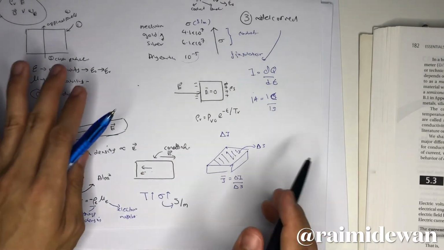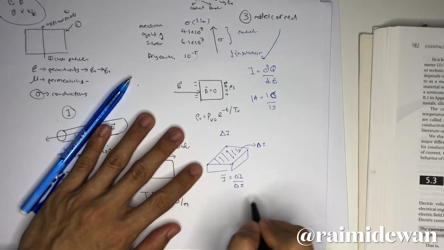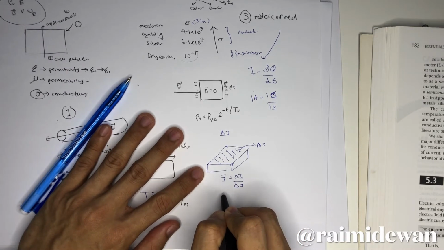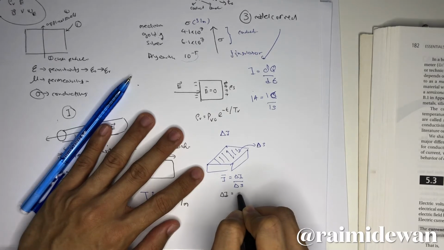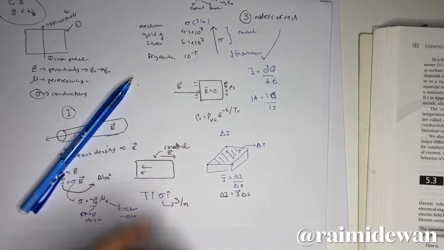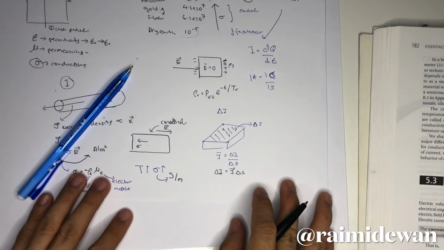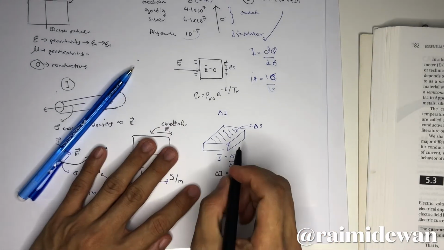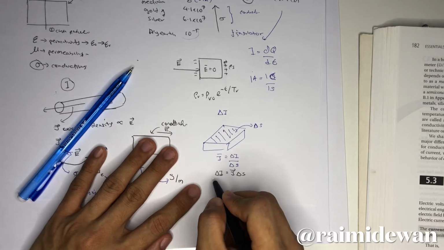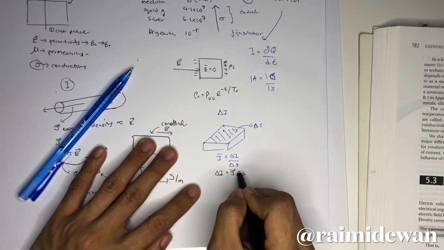Rearranging this, then you will obtain... rearranging slowly. Then we take the normal to the surface.